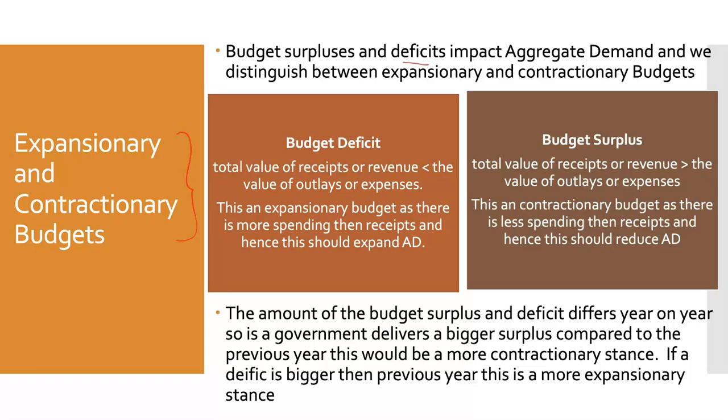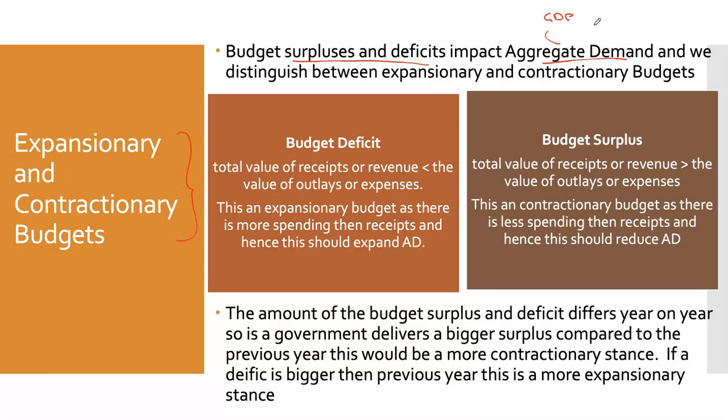Budget surpluses and deficits affect or impact aggregate demand. So they actually impact GDP and the size of the economy. And we're now going to start to recognize that these deficits and surpluses are often deliberate decisions, and hence a government has made a decision.